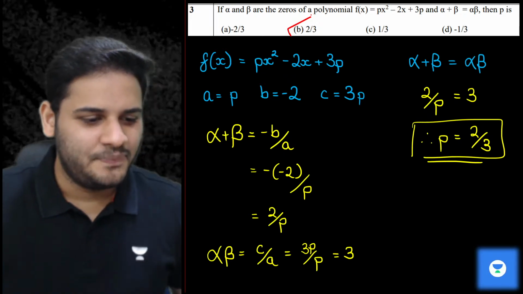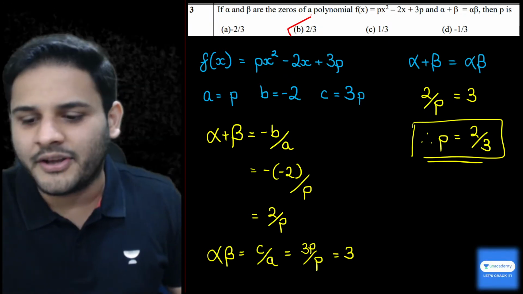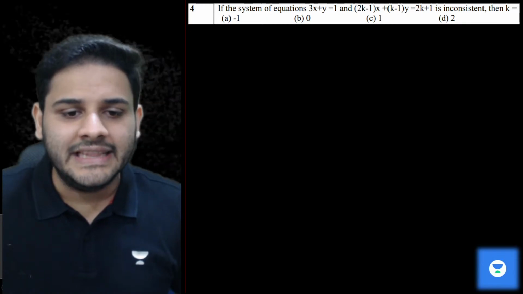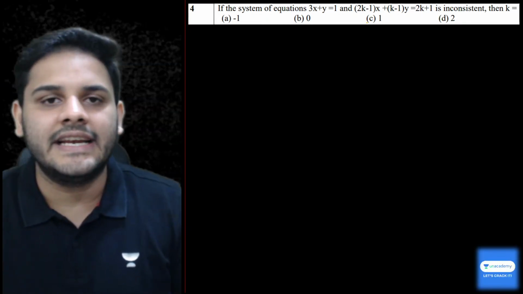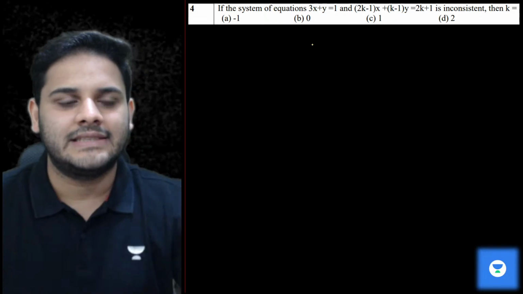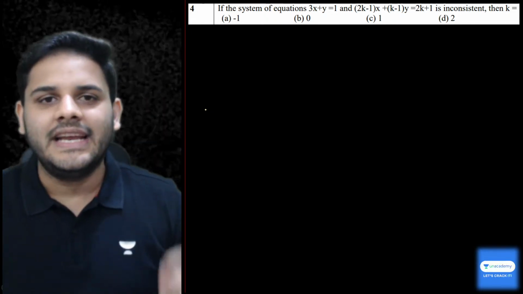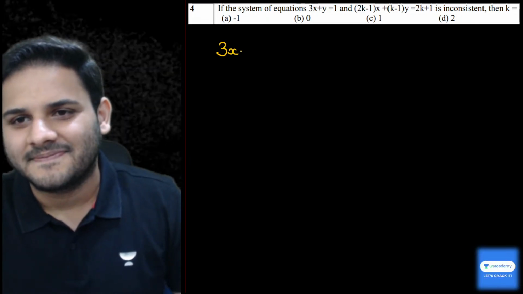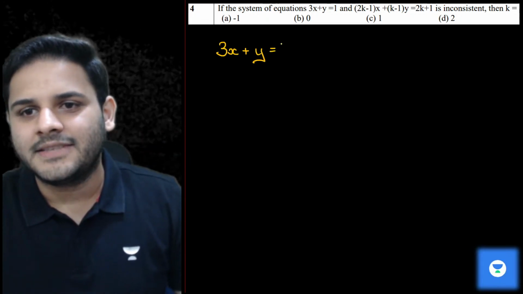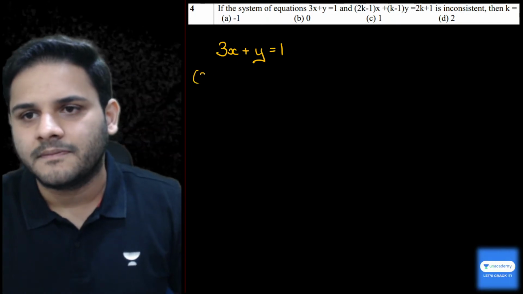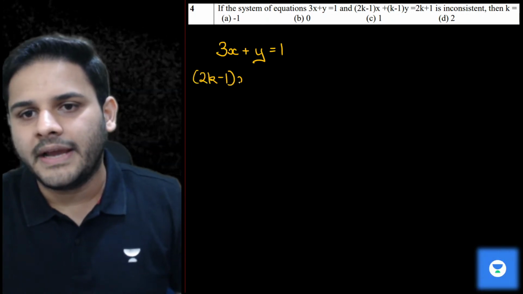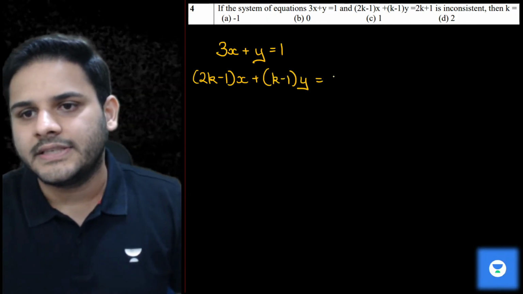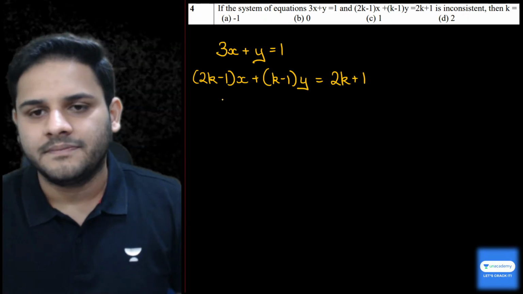Alright. The next question on your screens now. Question number 4. Come on, quickly in the chats. Inconsistent means which type of lines on the graph? 3x plus y is equal to 1. 2k minus 1 into x plus k minus 1 into y is equal to 2k plus 1.